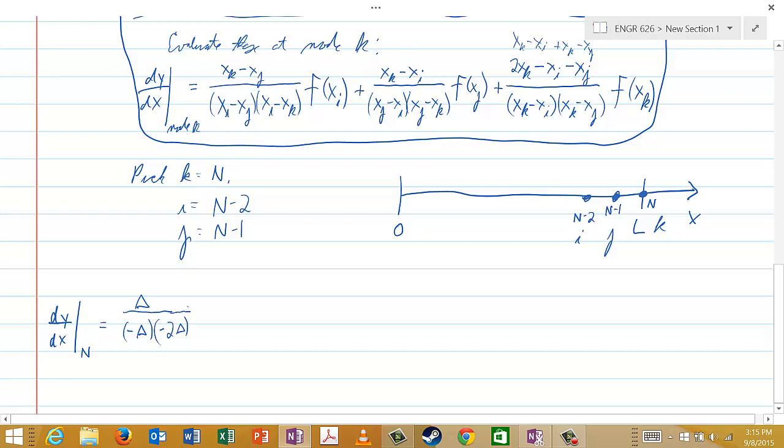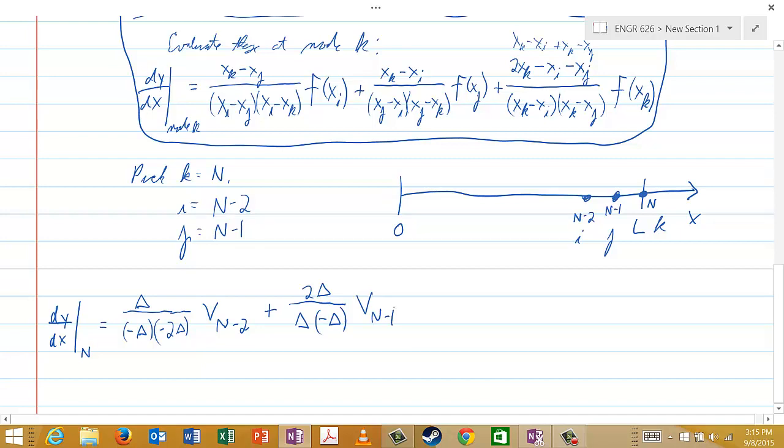And then f of xi becomes v sub i, which is v sub n minus 2. Now the next term will become xk minus xi, that's 2 delta, over xj minus xi, that's delta, and xj minus xk is negative delta. And then we have f of xj, so that's v sub n minus 1.